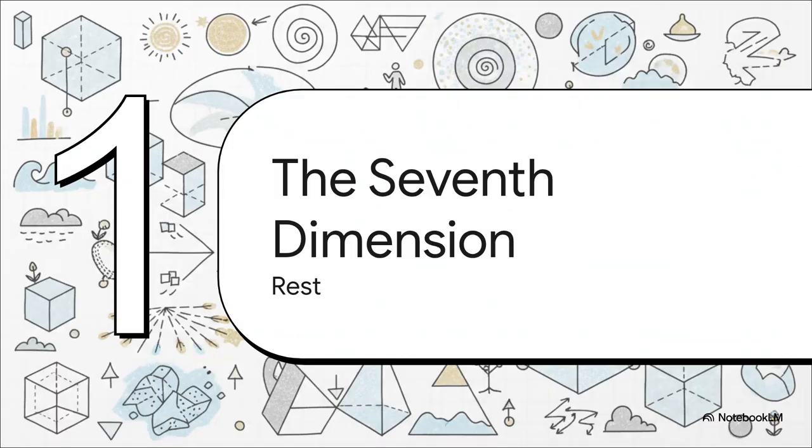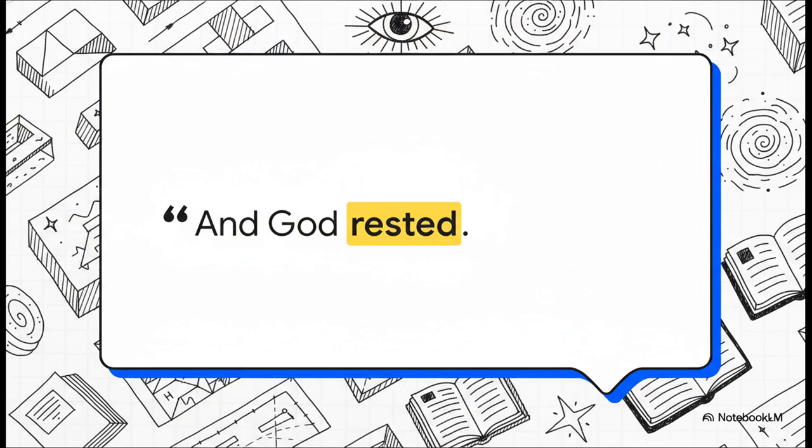So we've built the physics of the simulation, we've put players inside it. What else could there be? Well, this final day isn't just another layer, it's the destination. It's the whole point of the game. When we read that God rested, we usually think he put his feet up after a long week. But would an infinite being really get tired?